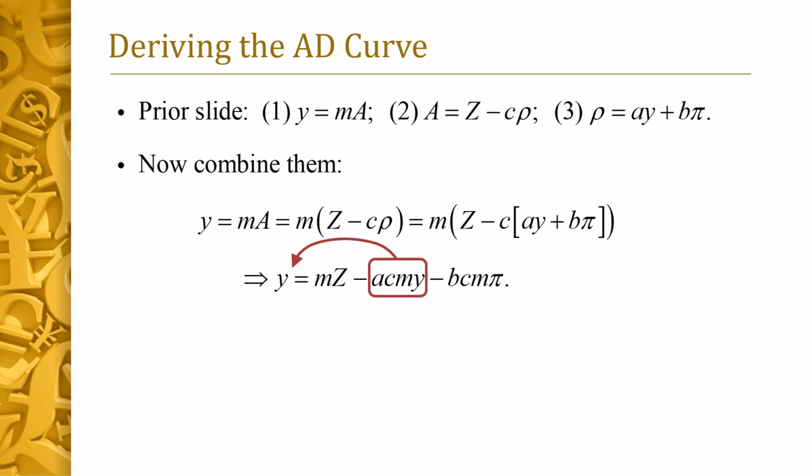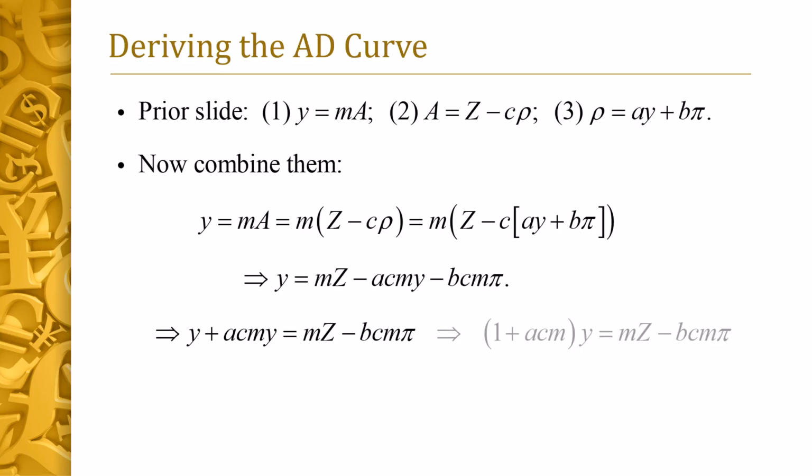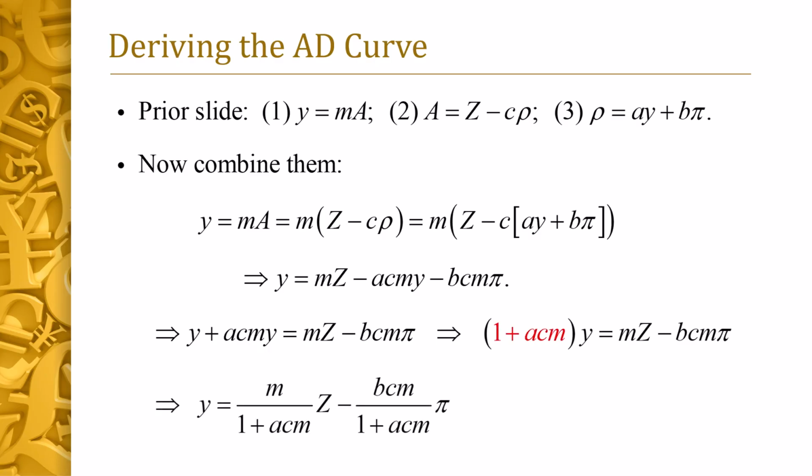We then move the term involving y from the right-hand side to the left. We obtain y plus acmy equals mz minus bcm pi. Next, we factor out the y. Finally, we divide both sides by the term in parentheses.